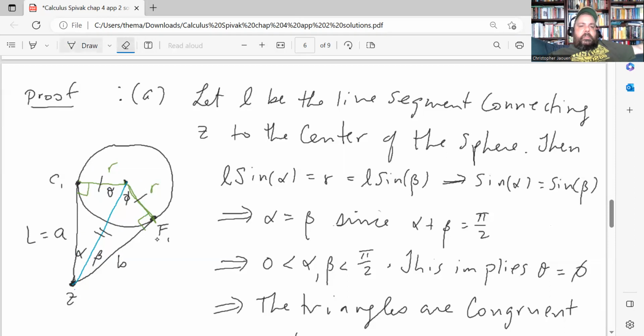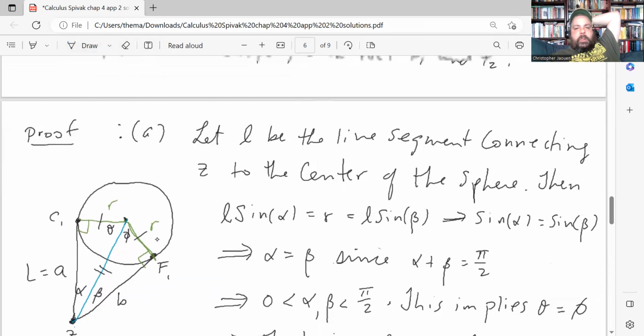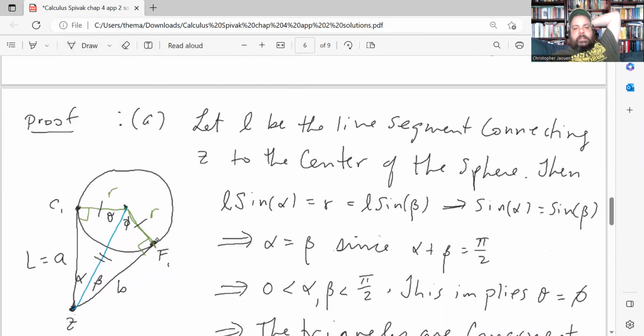And if I call the angle here alpha, the angle here beta, the angle here theta, and the angle here phi, then, just the way I'm defining things here, I'm calling the blue line segment L. So let L be the line segment connecting Z to the center of the sphere. Then L sine alpha is equal to the radius, right?